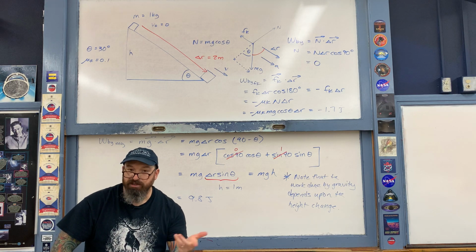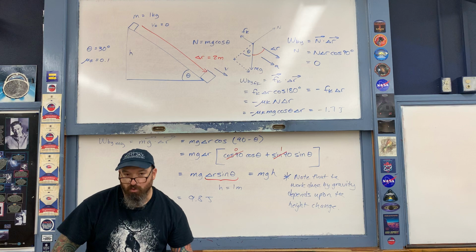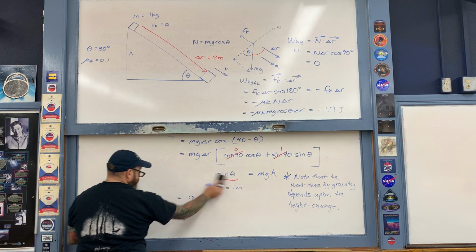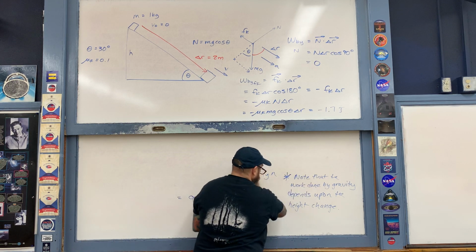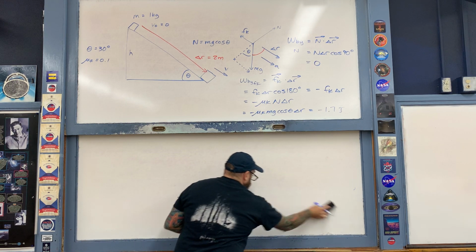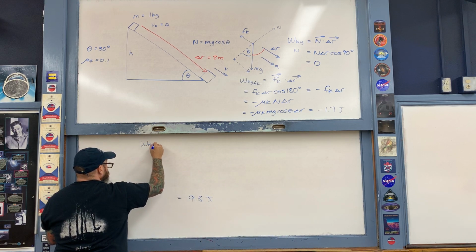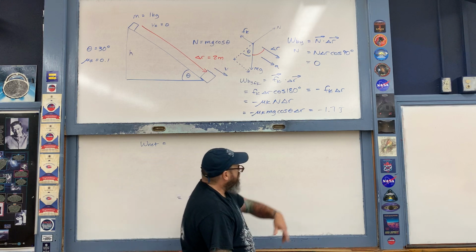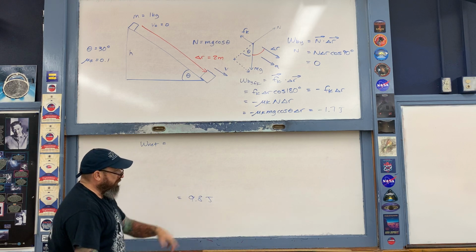And now let's just complete the problem to calculate the net work done. In order to do so, we'll just add up the work done by the individual forces. Okay, so let me erase here, like so. And now the net work done is equal to, first of all, the work done by the normal force, which was 0, plus the work done by friction, plus the work done by gravity.